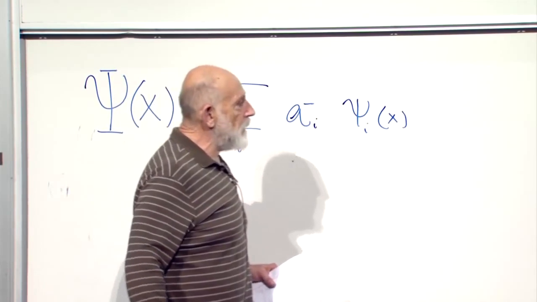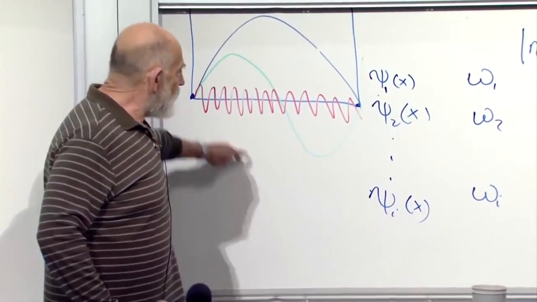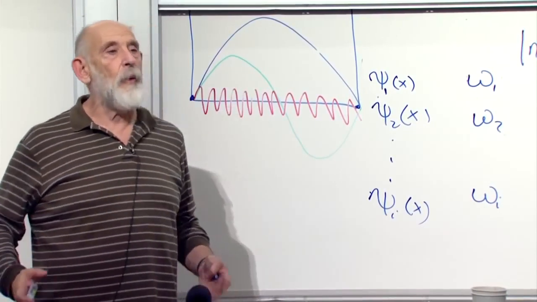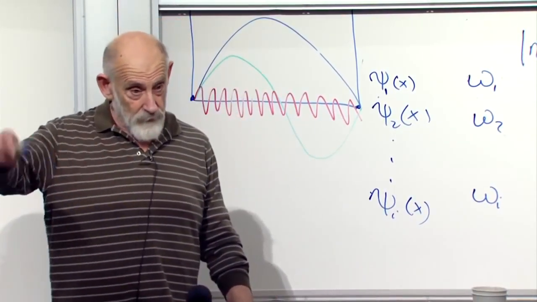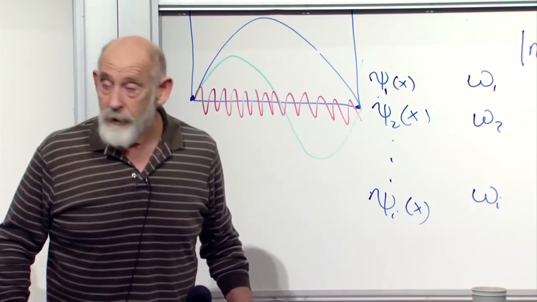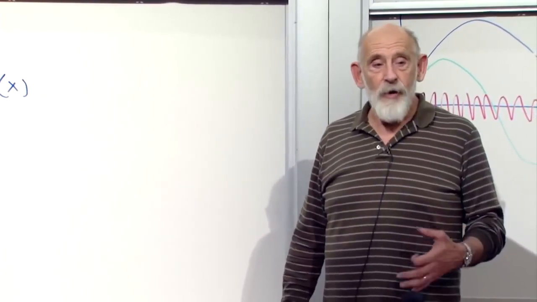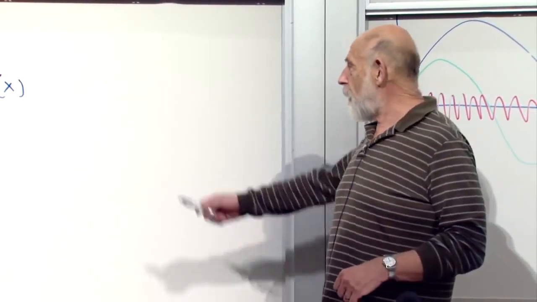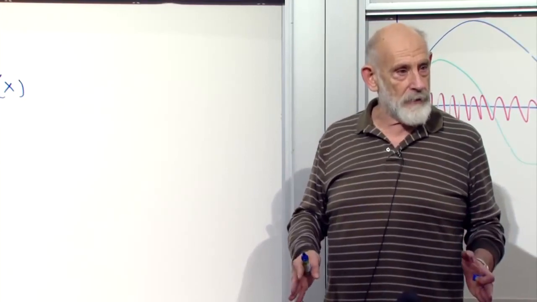Now, somebody asked me if any of this has to do with Fourier analysis. If the psi's were momentum eigenstates, that means they're sines and cosines, then these operators A minus would resemble very closely the coefficients that occur in Fourier analysis.